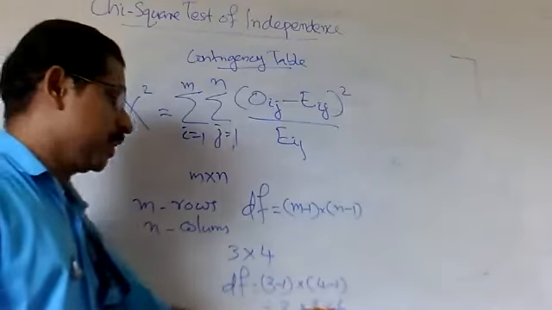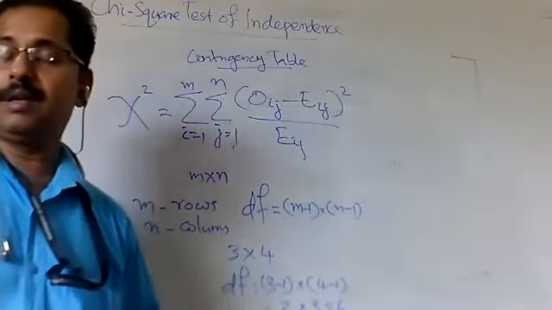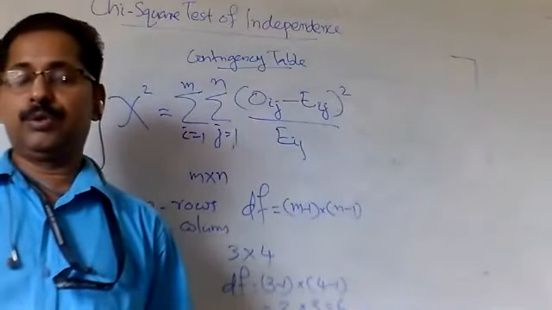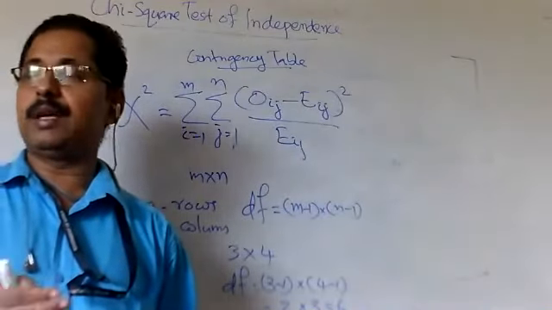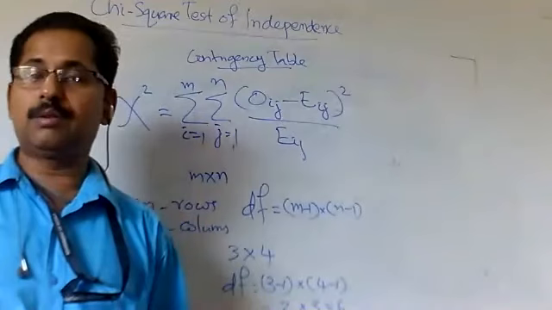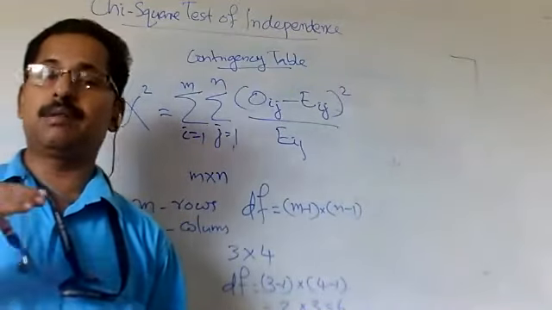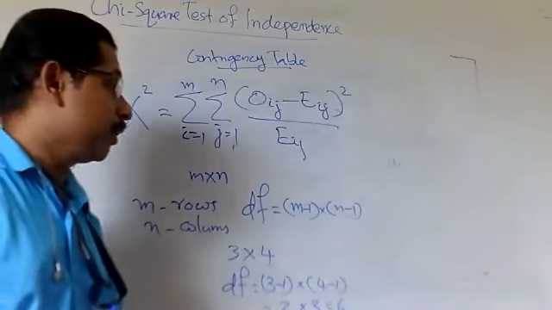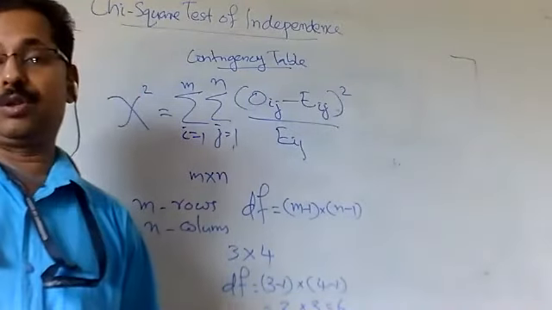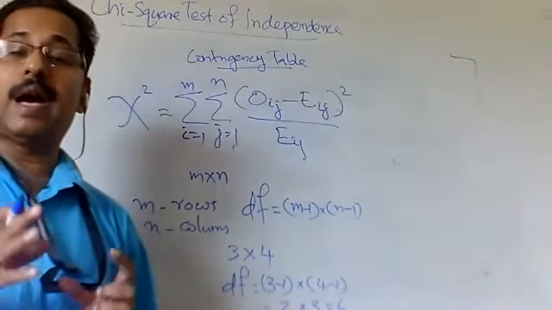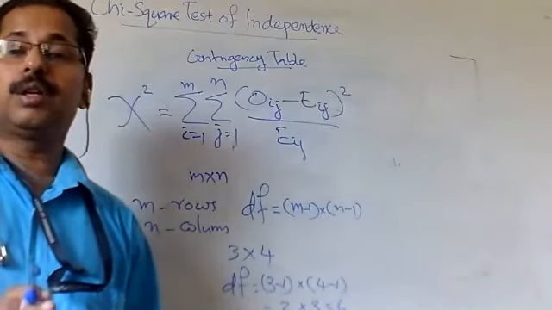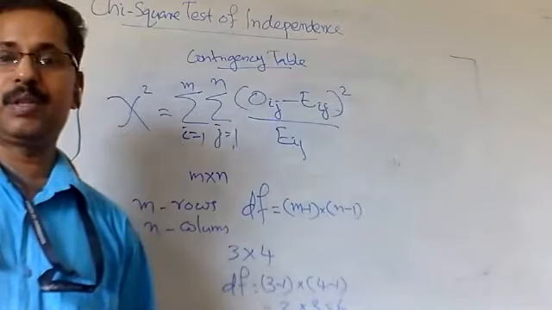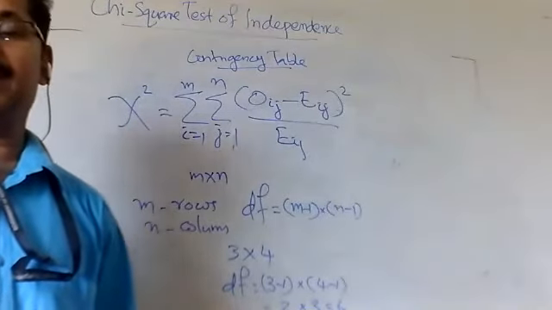Use this degrees of freedom and the given alpha with the table, and you will get the table chi-square value. Then compare the calculated chi-square value with the table value. If the calculated test value is more than the table value, you reject your H naught. That means these two attributes are not independent, they are dependent. Is it clear? Otherwise they are independent.